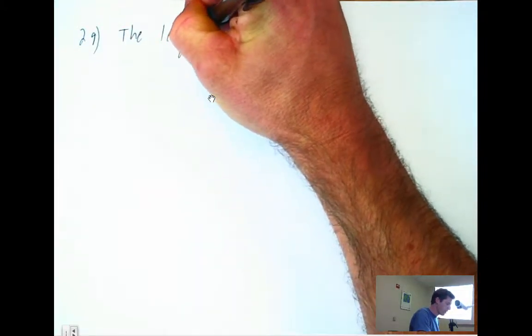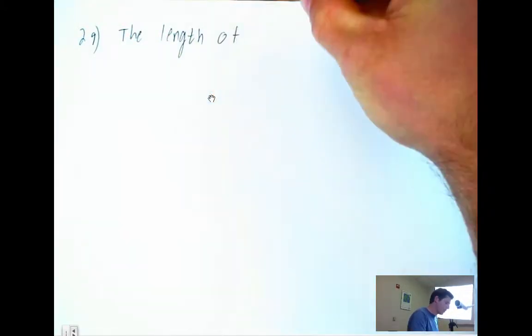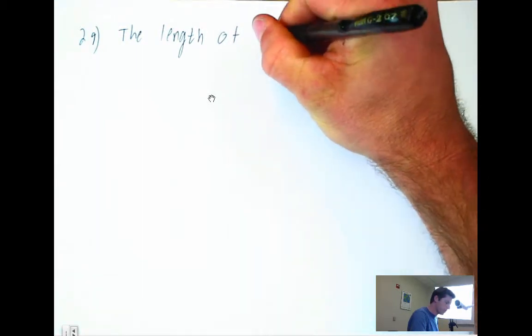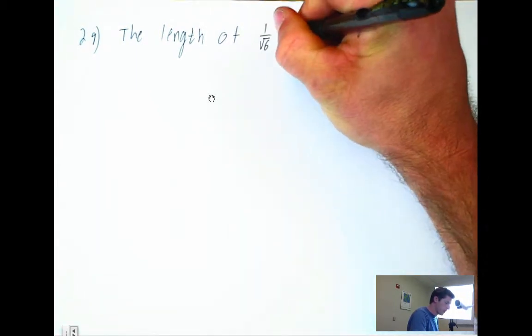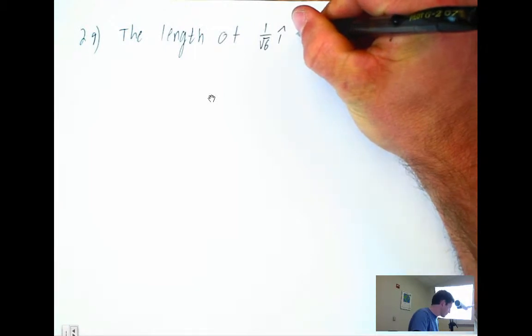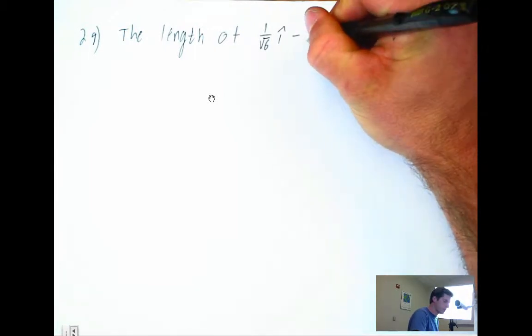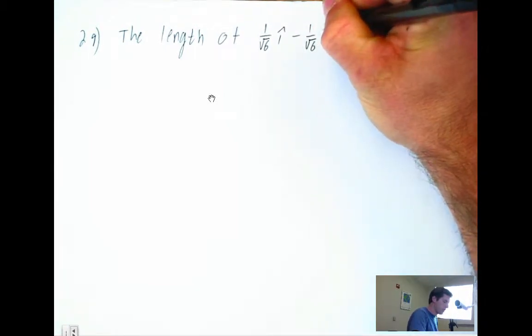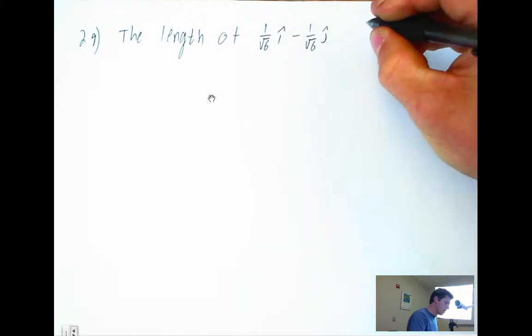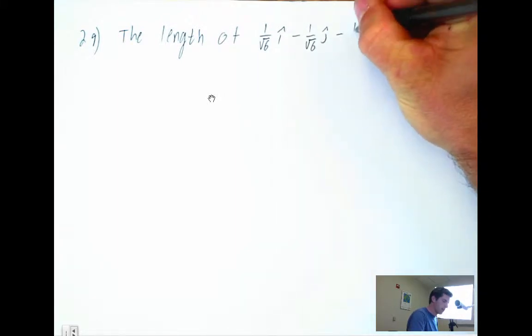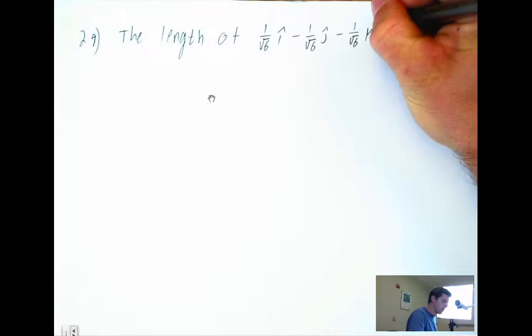Length of the vector, and I have 1 over square root of 6 in the i hat direction, negative 1 over square root of 6 in the j hat direction, and negative 1 over square root of 6 in the k hat direction.